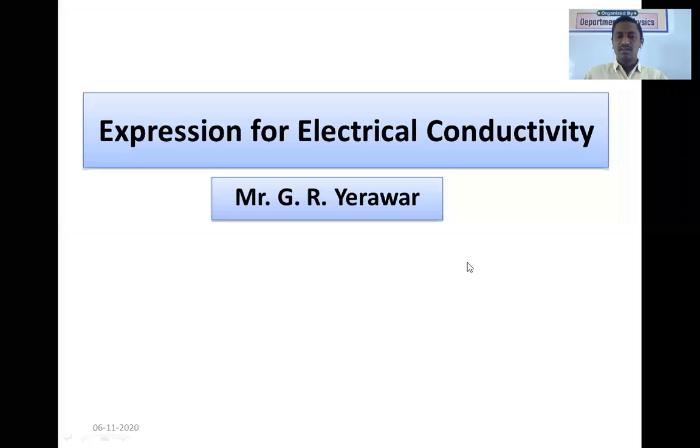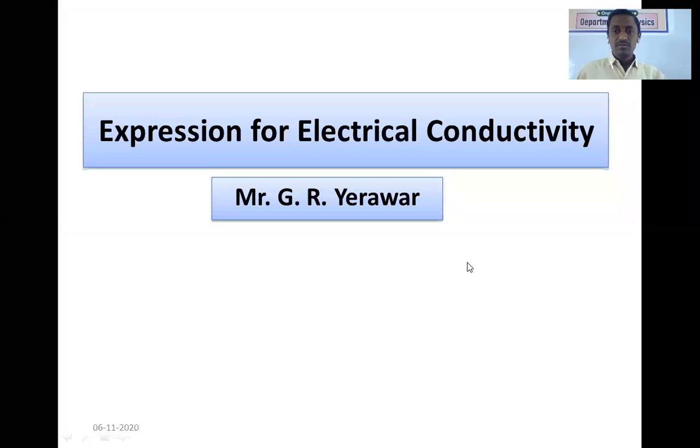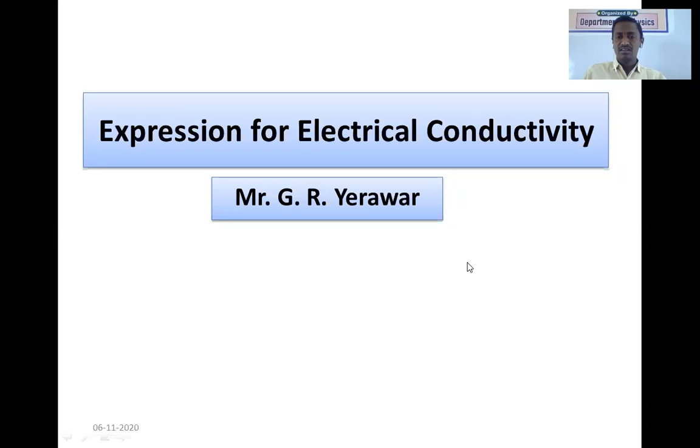We know the conductors, or the metals generally, are good conductors of electricity. So we will derive the expression for electrical conductivity by considering the material as a metal, or a conductor.